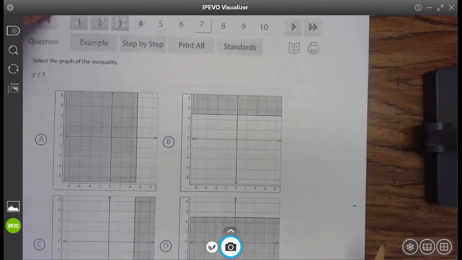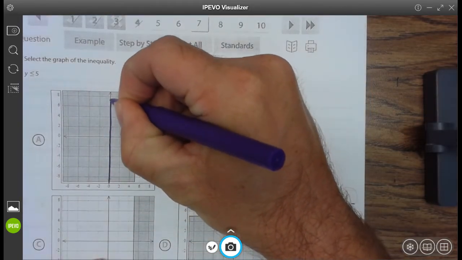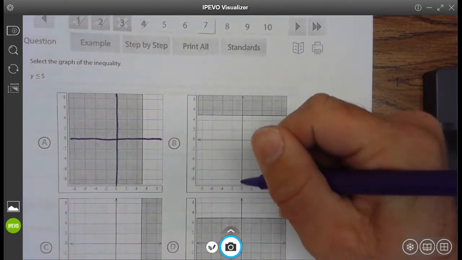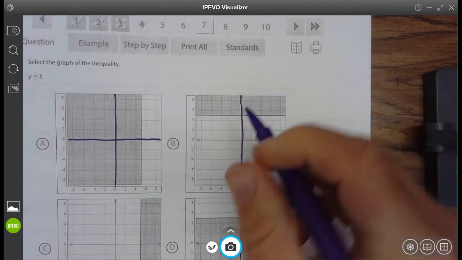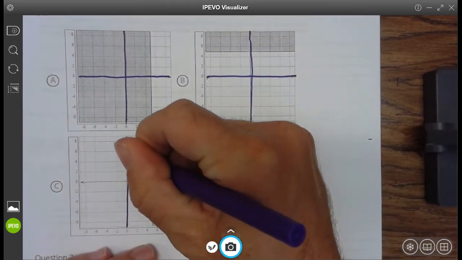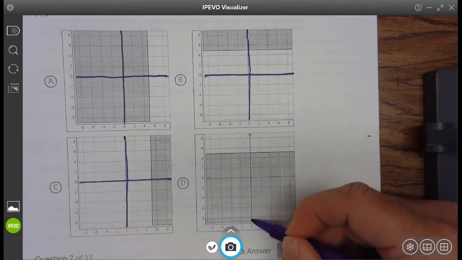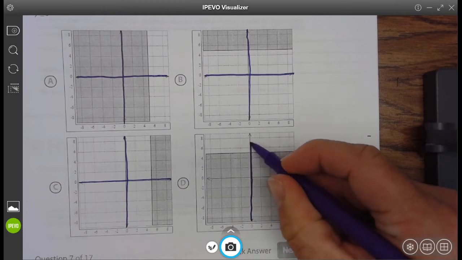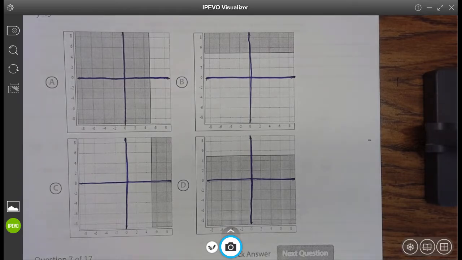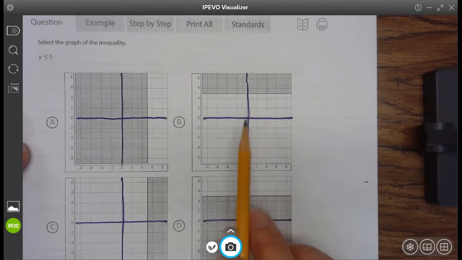All right, let's take a look at the next example. Select the graph of the inequality. So first off, let me highlight the x and y axis. All right, now that's a solid line, so these are all solid lines, so we're okay there.